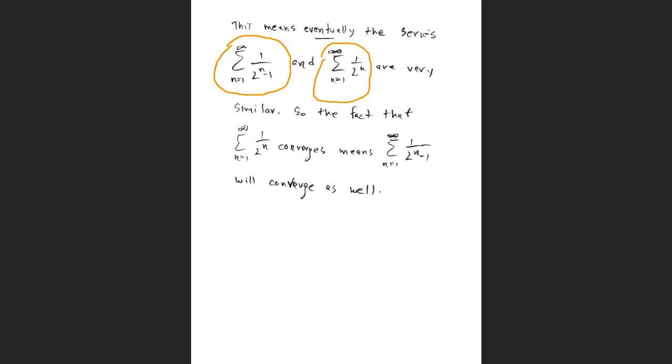And so the fact that the one series converges means the other series has to converge as well. Intuitively, I think you understand the limit comparison test, but we're just writing it out more formally. Please let me know if you have any questions.